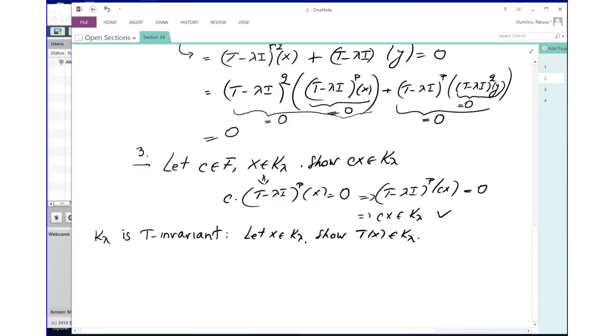We want to show that T of x is also in there. So all we know about x is that for some value of p in N, T minus lambda identity to the p of x is 0.